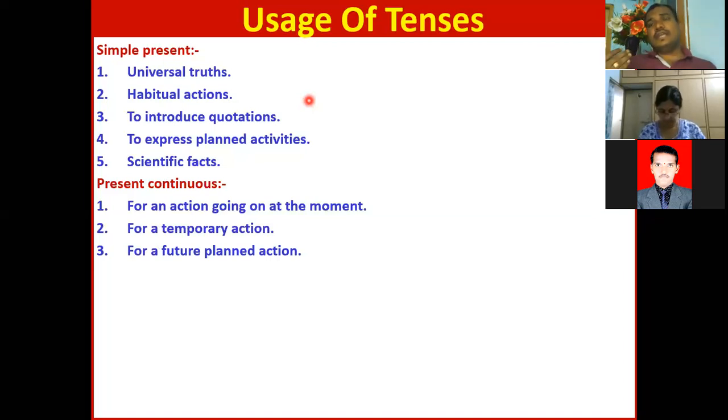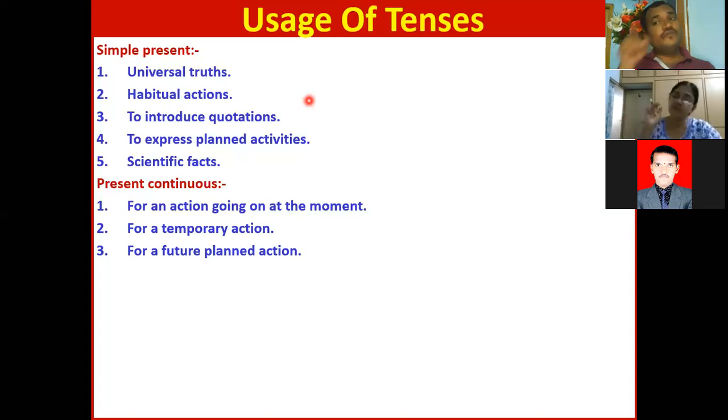Generally, if it is not a planned action, then you can mention it in simple future. But if it is a future planned action, then you can mention that in present continuous. For example, the President of India is going to visit.